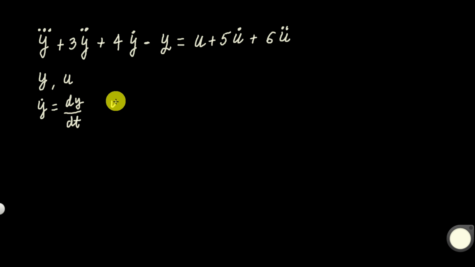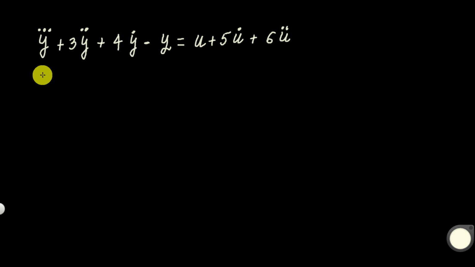Similarly, U dot is the first derivative of the input with respect to time. Y double dot is the second derivative of the output with respect to time. U double dot is the second derivative of the input with respect to time, and similarly Y with the triple dot and U with the triple dot are the third derivatives of the output and the input.